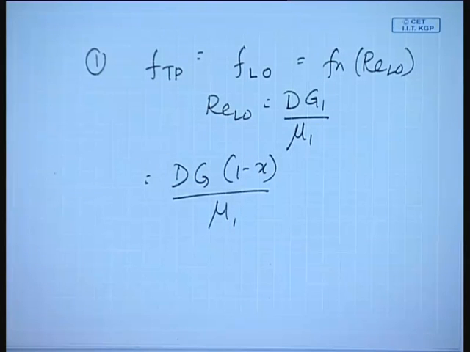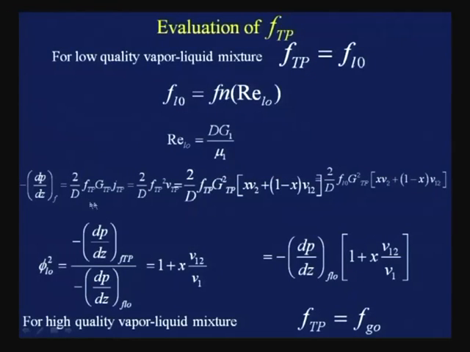Agreed? Okay. So, from this particular slide you see that the frictional pressure gradient, instead of FTP, we can express in terms of FLO. Therefore, under such circumstances the frictional pressure gradient can be predicted from this particular form itself.